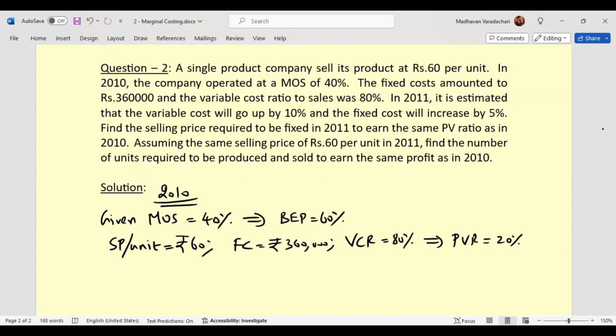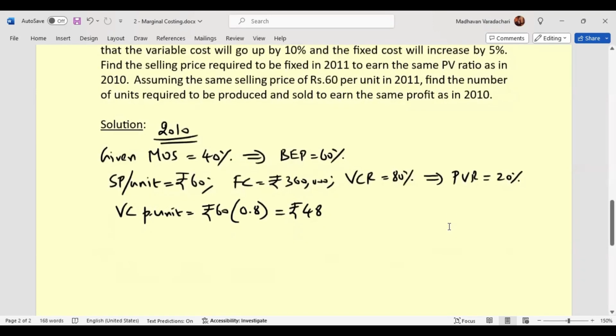Now, from this information, we can find the variable cost per unit, which will be the selling price, that is 60, into 0.8. So we get variable cost as rupees 48 per unit. Now let us go to 2011.